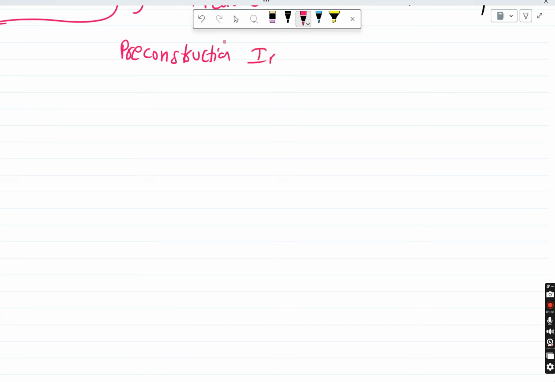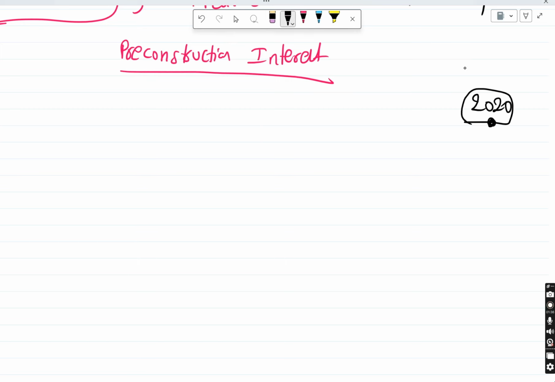What is meant by pre-construction interest? Let's just say I started construction from 2015 and it is completed in 2020, so I can start using the house from 2020.